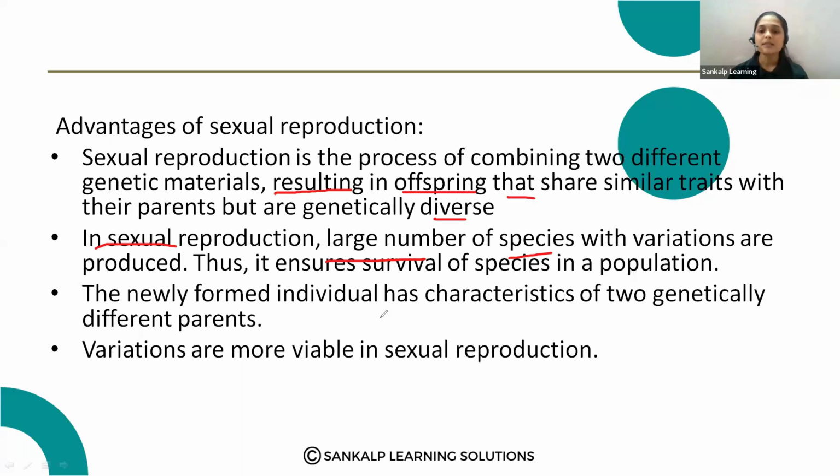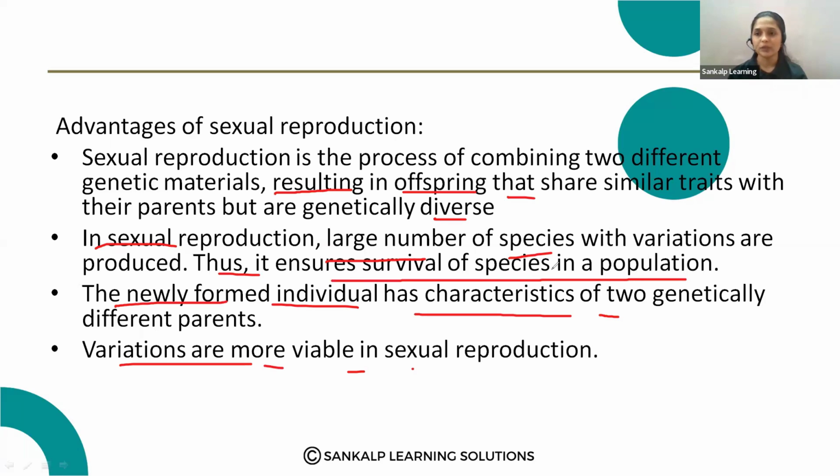So this type of reproduction will be helpful for the survival of the species. This newly formed individual has characteristics of two genetically different parents, and these variations are more viable in sexual reproduction. So there is a more chance of survival of these species. It ensures the survival of the species in the population.